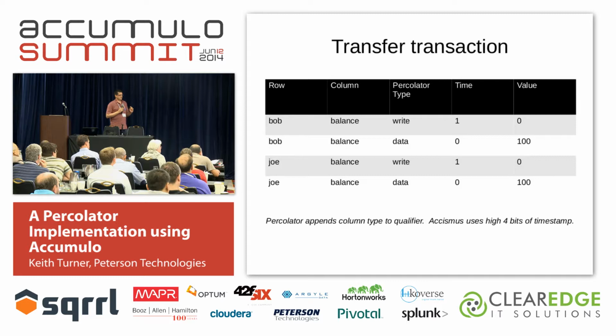I needed the same sort order that they're using, so I appended something to the beginning of the timestamp. I took the first 4 bits of the Accumulo timestamp and turned that into this Percolator column. So we have this write and data, those are the Percolator column types. Now I'm going to walk through how Percolator transfers like $7 between these two accounts.